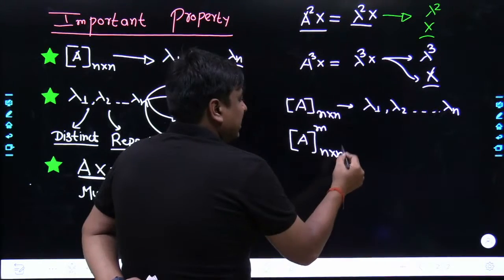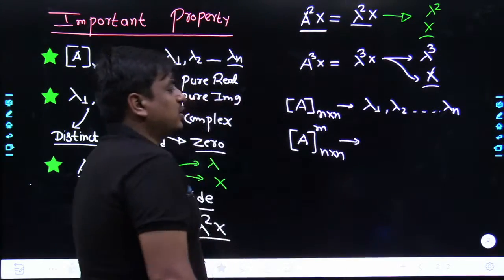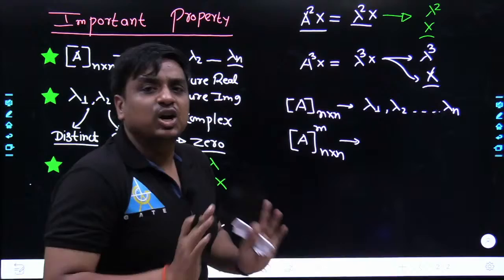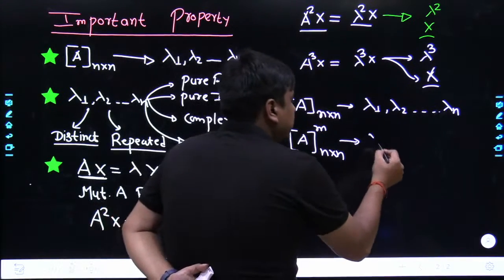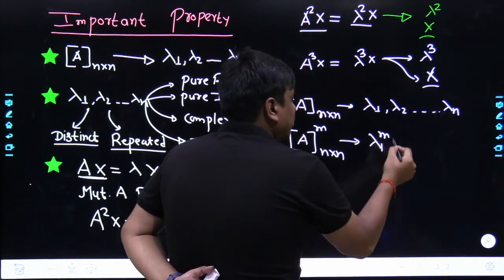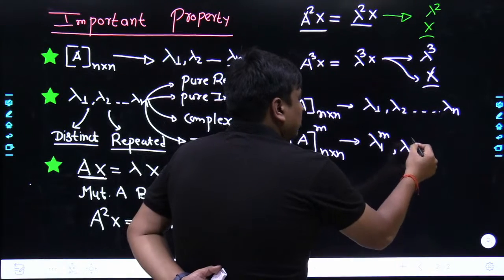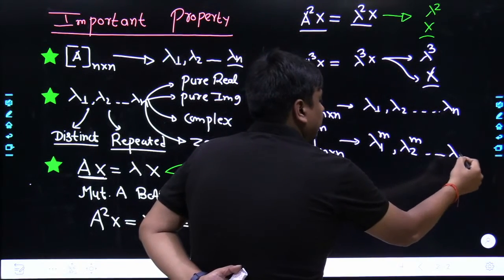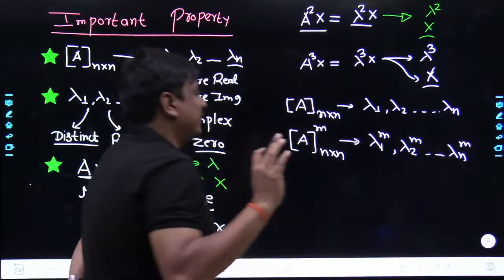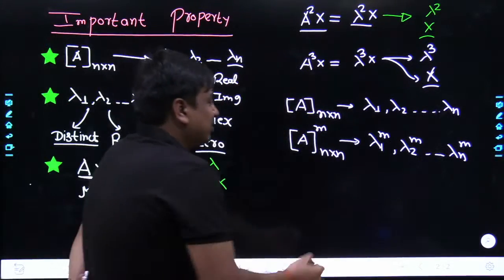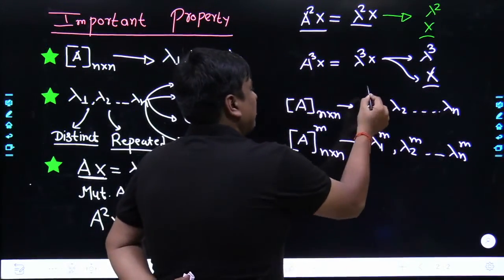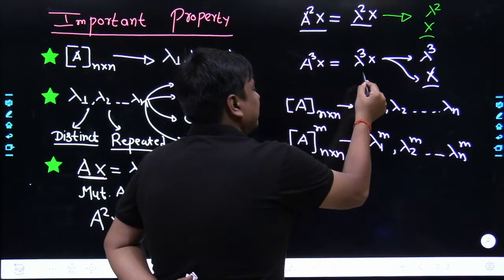Again, the result would be an n cross n matrix. May I know what would be the impact over the eigenvalues? Each and every individual eigenvalue would be raised to the power of m.